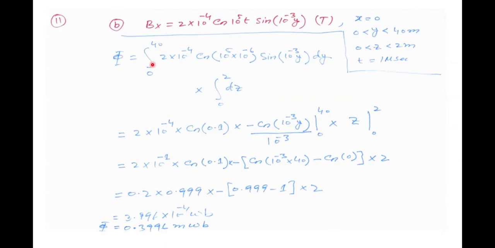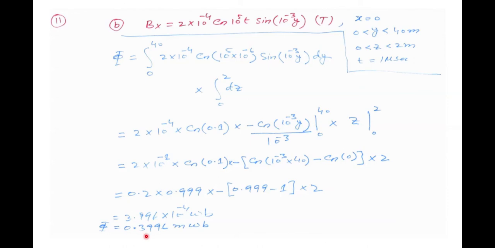For these values and the given magnetic flux density component along the x axis, integrate this relation with respect to y and with respect to z at t equal to 1 microsecond for the x equal to 0 plane. Evaluate this integration.